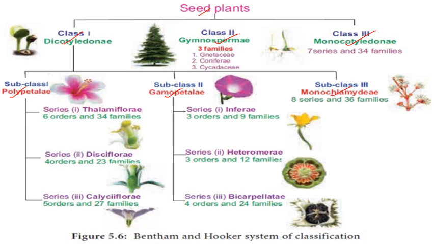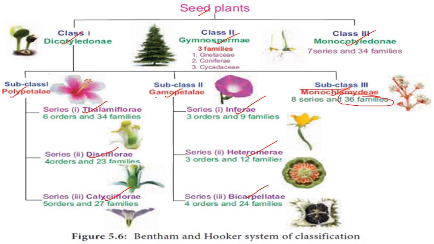Then this Polypetally is divided into 3 series, that is Thalamiflory, Disciflory and Calciflory, while this subclass Gamopetally, that was divided into 3 series, that is Infery, Heteromery and Bicarpellary. While this subclass 3, that is Monoclamidae, that was divided into 8 series and 36 families.